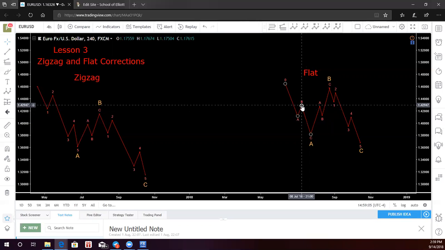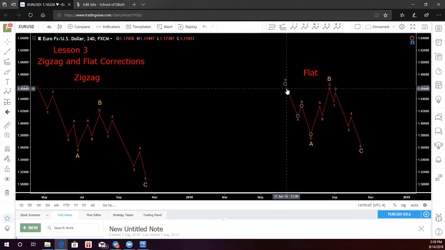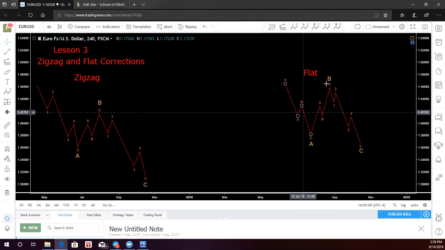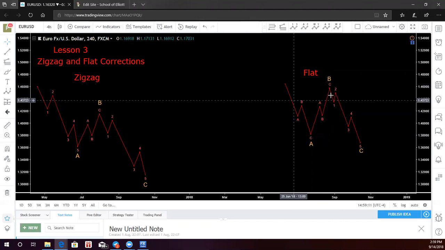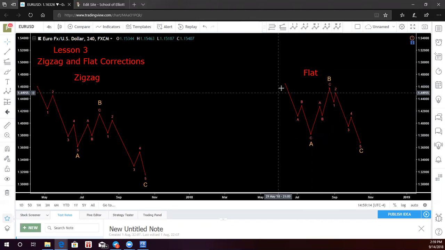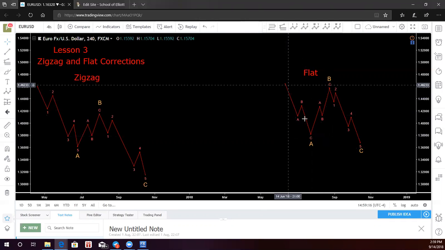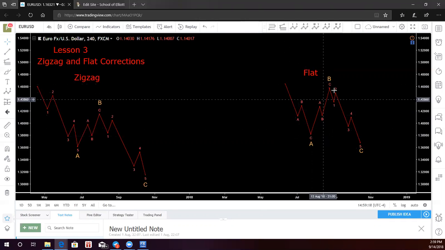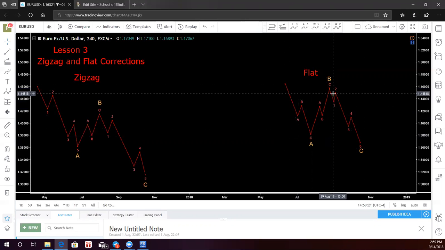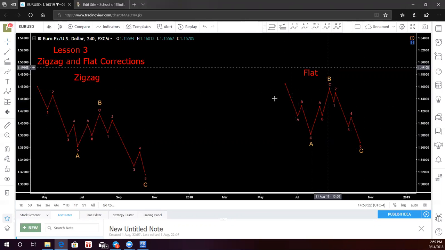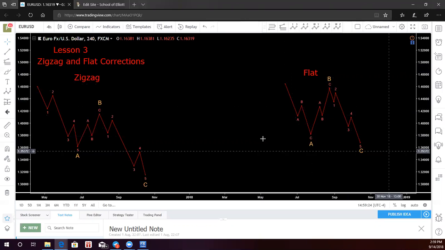However, you are able to tell in the flat here, where I have both A and B, that they're almost the same size as wave C. And why is that? Because both A and B are zigzag corrections. Whereas a flat correction is more of a sideways movement.